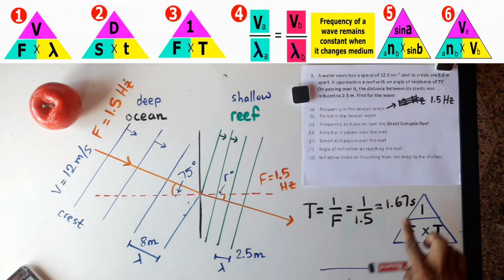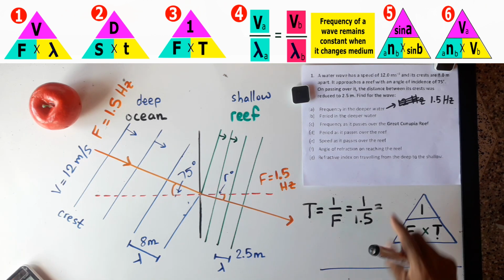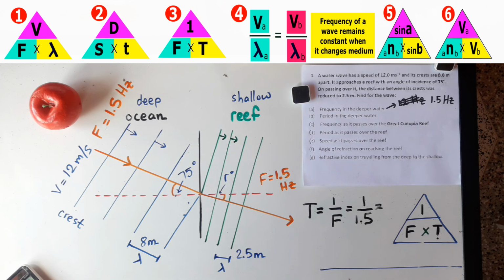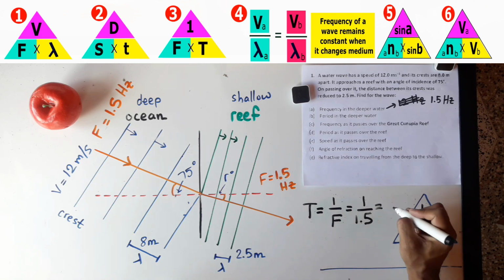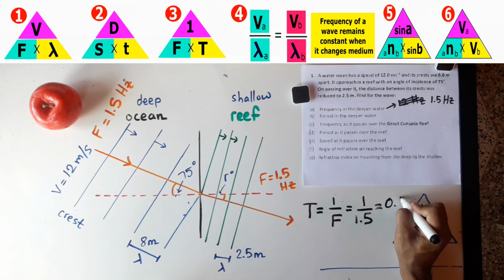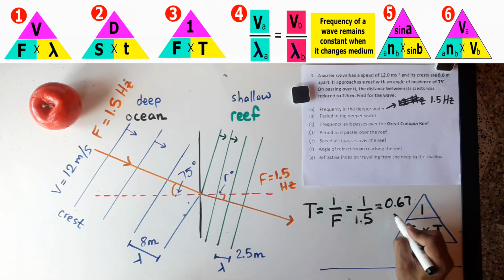I'm not too sure why I'm constantly saying the wrong thing. I made a mistake, guys. Sorry about it, just a little bit tired at the moment. Let me redo that one. 1 divided by 1.5 is 2/3, which is 0.67 seconds. Okay, let me write that answer in. I'm going to use a different color here.